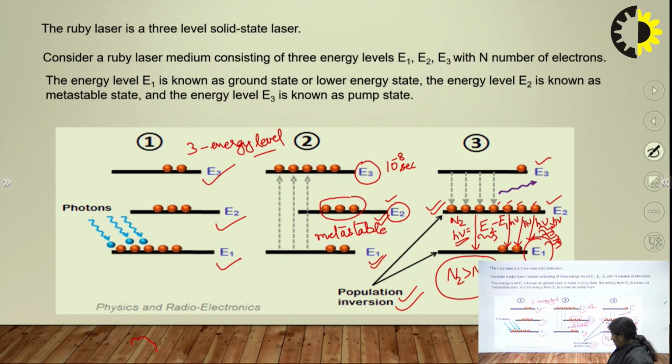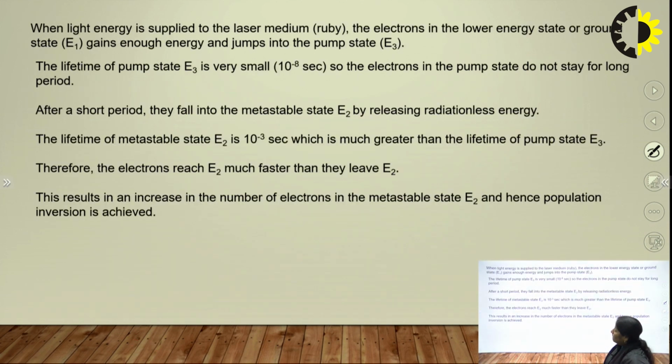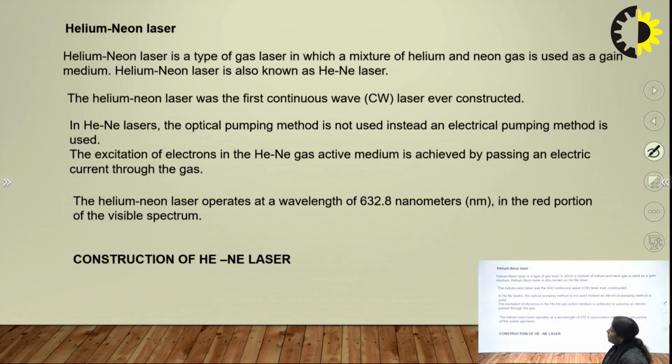Alright. Now we can talk about the other type of laser, which is the helium neon laser. You can see that it is mentioned, it is a gas laser, and the laser medium involved here is helium and neon gases, or we can say they are the gain medium also.